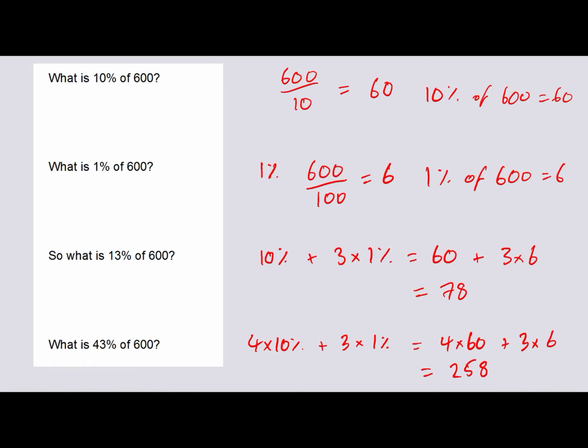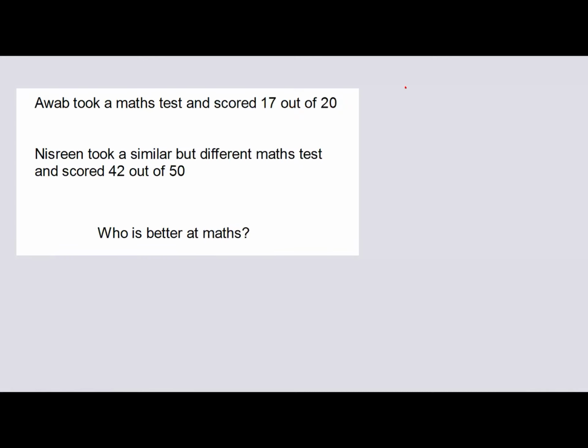I think that's 258. Okay, so that's all basic stuff that you should already know, and you should be able to do that without a calculator. Now, for the rest of the next 2 weeks, you can use a calculator for every single question if you want to, okay?